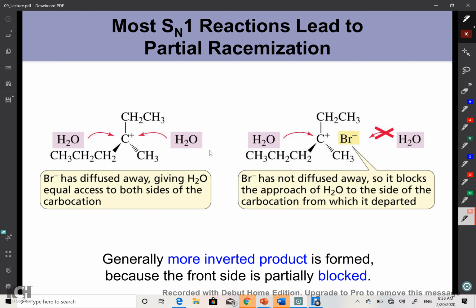So the product from the other face might be in higher amount. But if your leaving group leaves very fast and leaves both faces open, with equal chances, then you will end up having a perfect racemization. Does that make sense? So that's why we refer to that as diffusion.